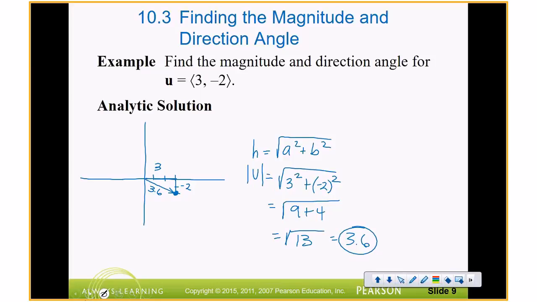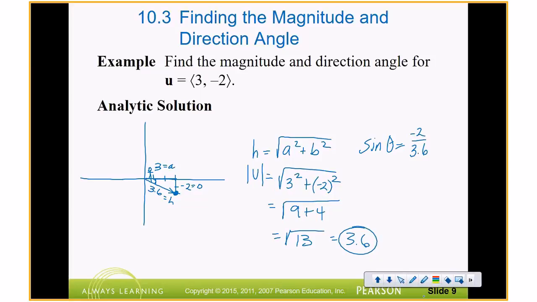But let's say we want to find this angle. We want to find the direction. Well, the little man's sitting here, so his foot is on the adjacent and hypotenuse, so this is the opposite. You pick what you want. Sine of theta is equal to opposite, negative 2, over what? 3.6.